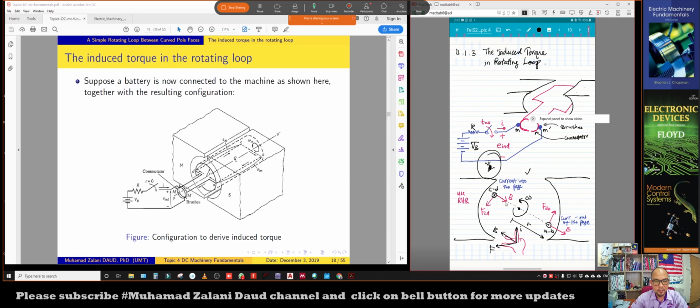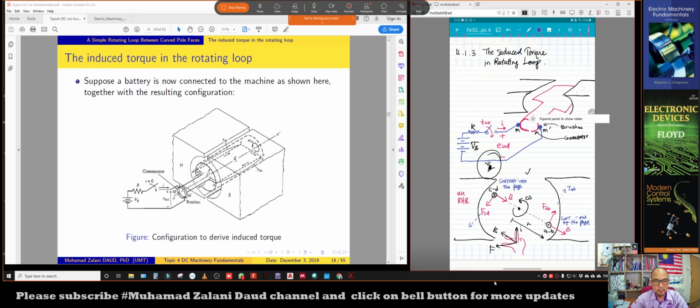So when we have force on each of the segments, of course the torque also will be induced. The direction of the torque is the same as the direction of the force.